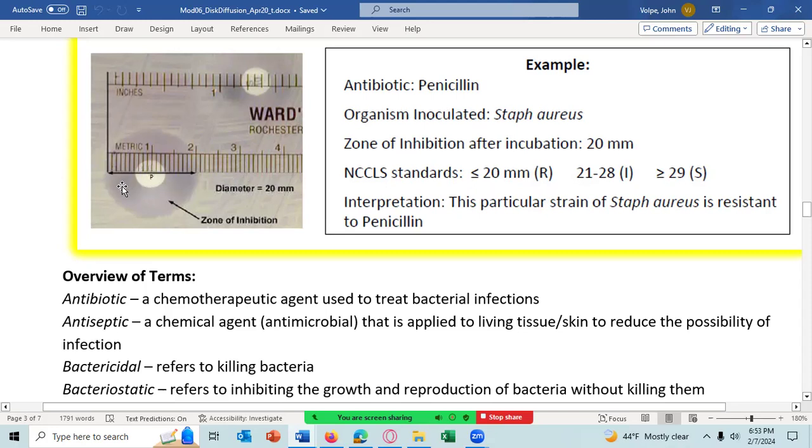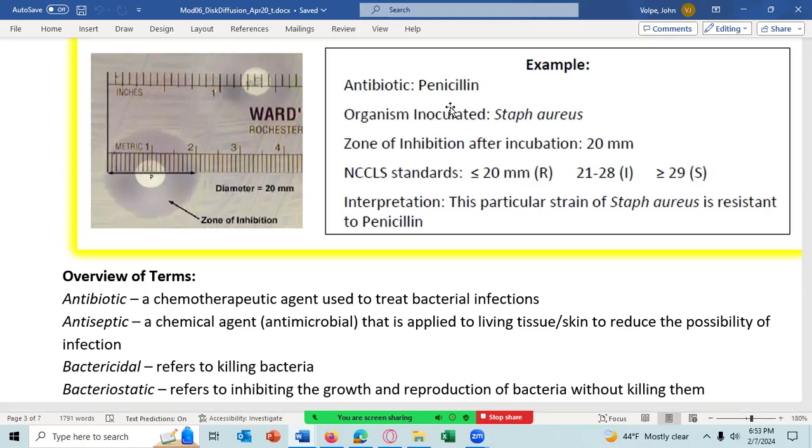And if the size of the zone of inhibition is equal to or greater than 29 millimeters, then we say the bacteria, this one here, is sensitive to this antibiotic. Any question about that?